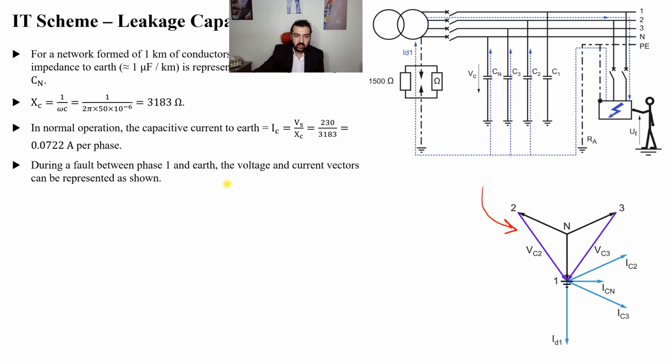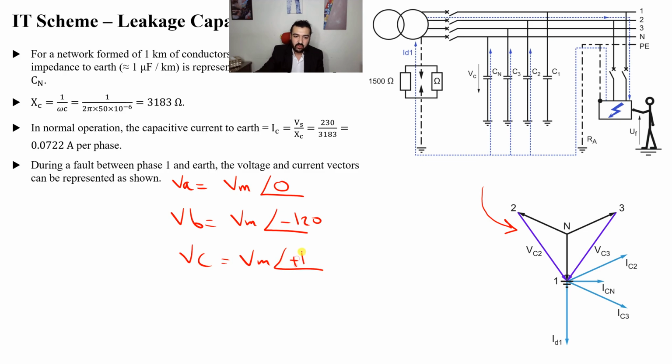We know already that VA is equal to V max with an angle 0. VB is V max with an angle negative 120. VC is V max with angle plus 120. So the three phases are shifted from each other by 120 degrees.